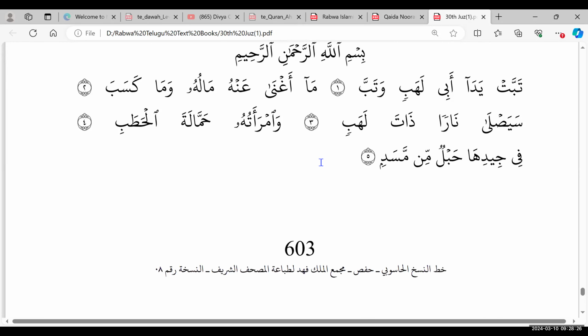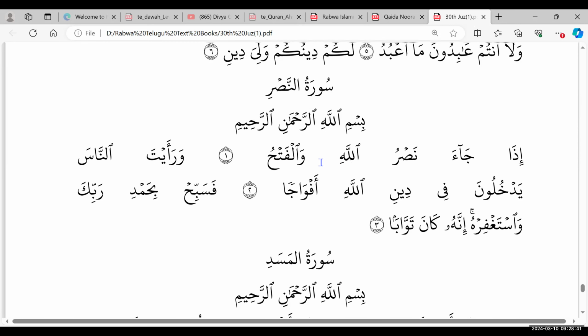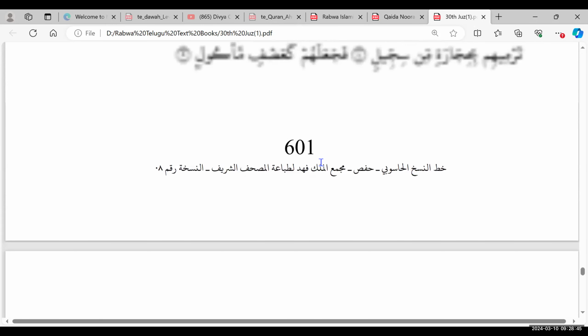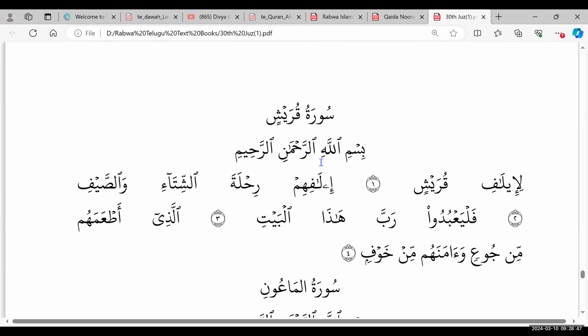It is called mad because when it becomes part of the madal arid lil sukun, we have to prolong it 2, 4 or 6 units. So that's why it is added in the category of mad. But it is not madlin. When it is applied in the rule of madal arid lil sukun, then its name is converted to madal arid lil sukun.